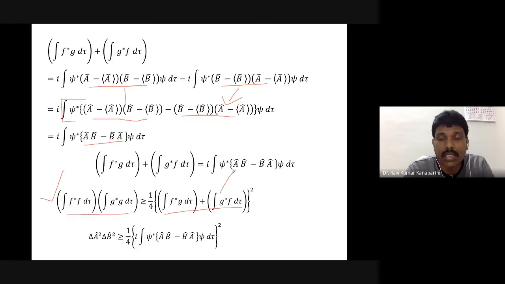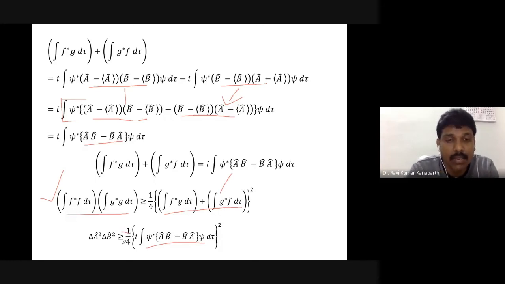It is exactly this object, so I have just substituted it here. Please remember there is a square of this total integral, so you can take it inside, and there is i squared. I squared means minus 1, so a negative sign will come up in the next step.